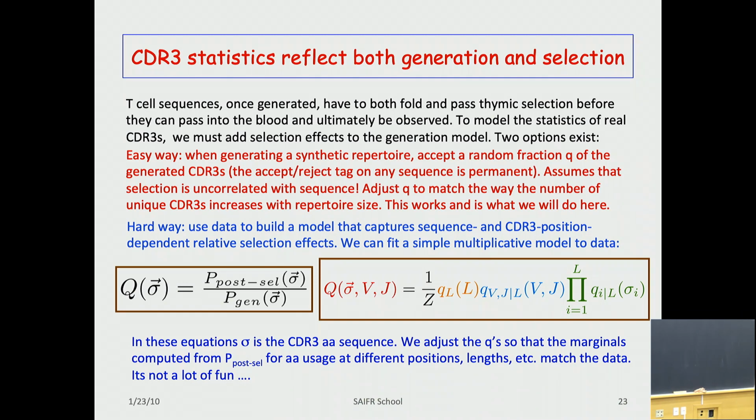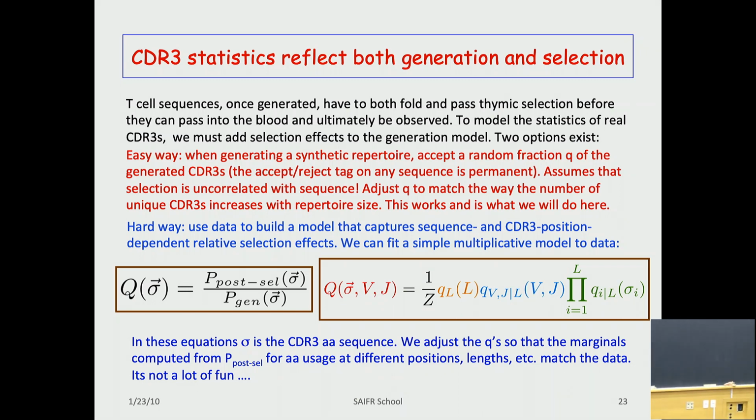The simplified model that you could try out basically is that the ratio of the probability of generating to the probability of both generating and passing selection is a factor which depends on the sequence, and it depends on the sequence by a product of factors that take into account which position in the sequence you are in the CDR3 and which amino acid you are.